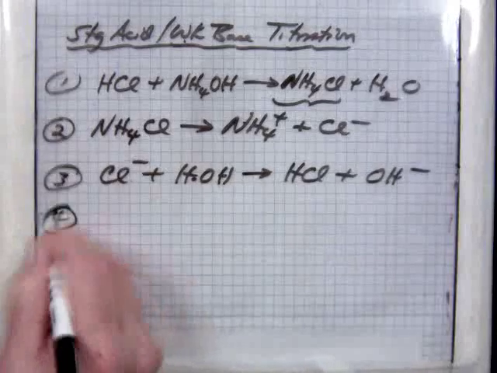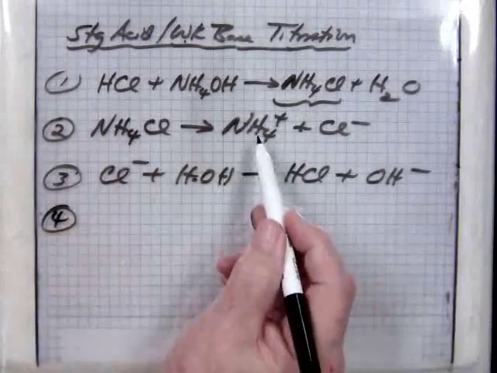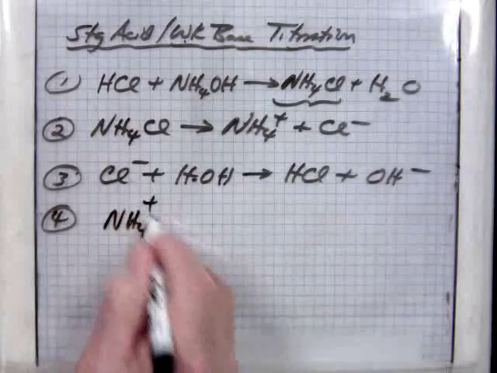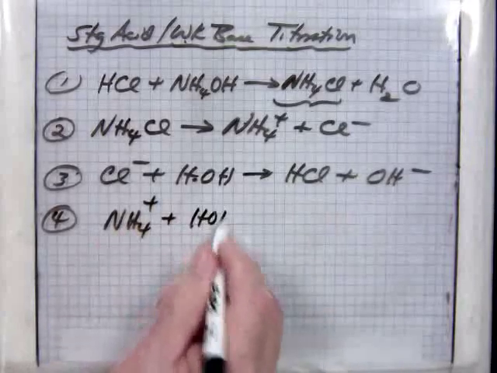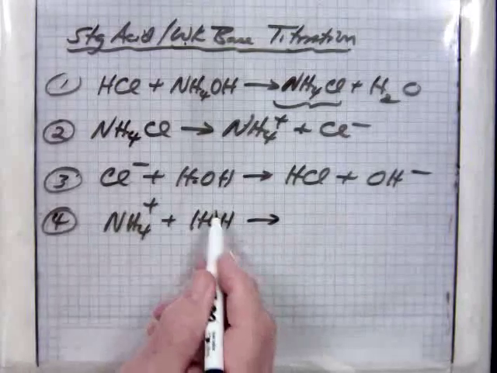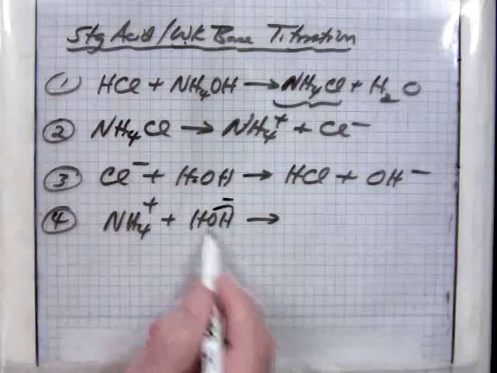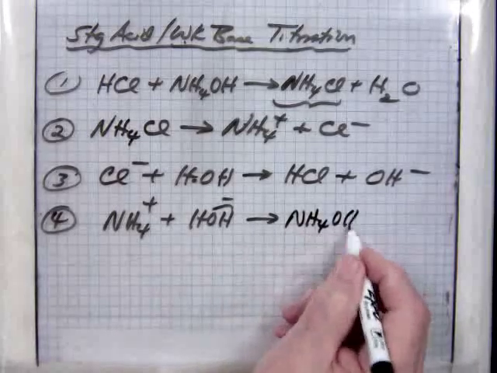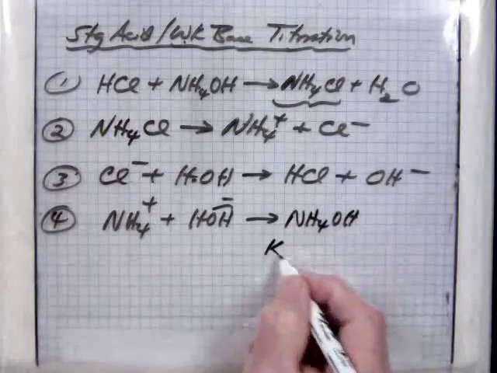Now, the one we want to analyze would be the cation reacting with water. And since that's a cation, it's going to pull the OH over and make a weak base. And so we need a Kb value for this one.